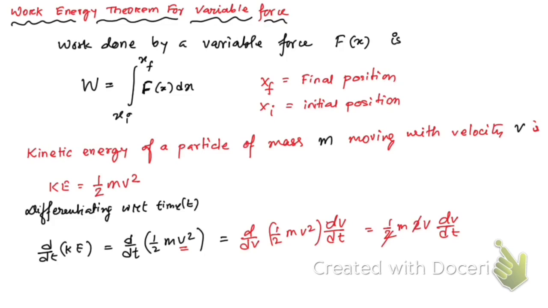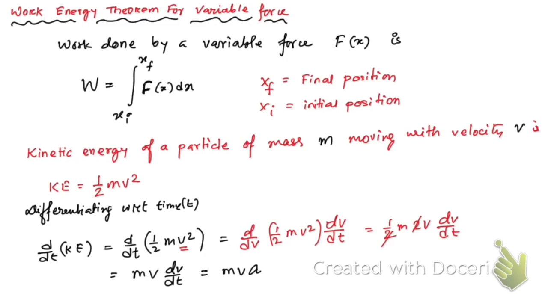So we have got mv dv by dt. We know that rate of change of velocity is nothing but acceleration, so instead of dv by dt, we can write acceleration, so that's equal to mv into a, right? So hope you have understood this, mv into a.